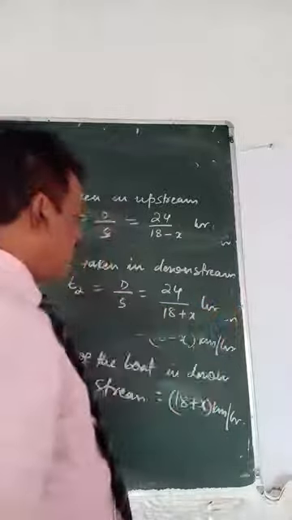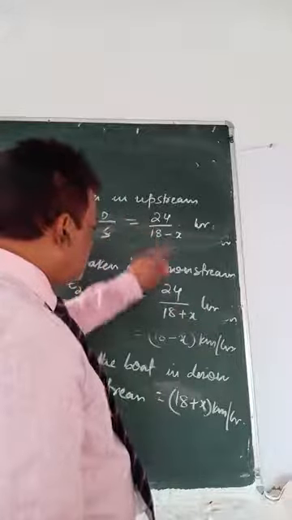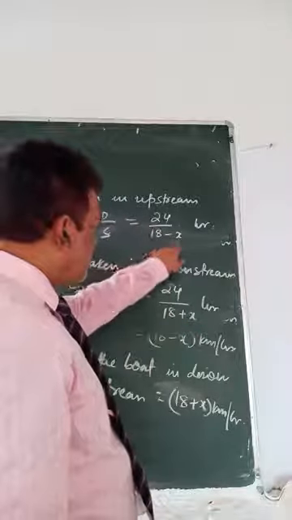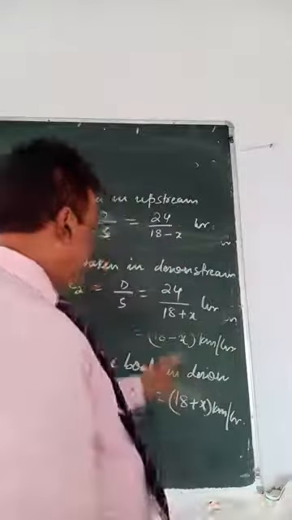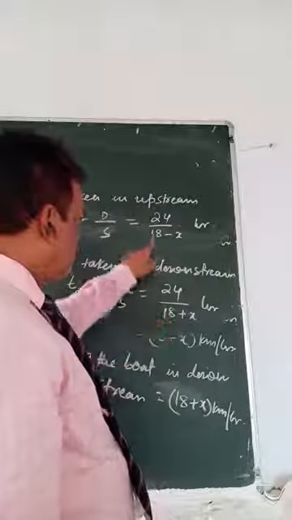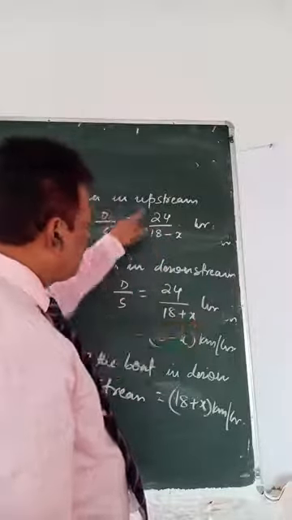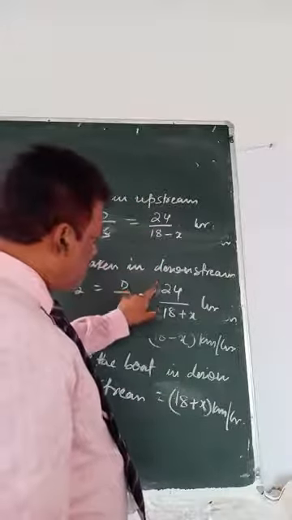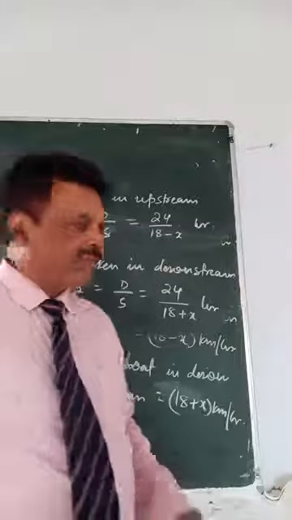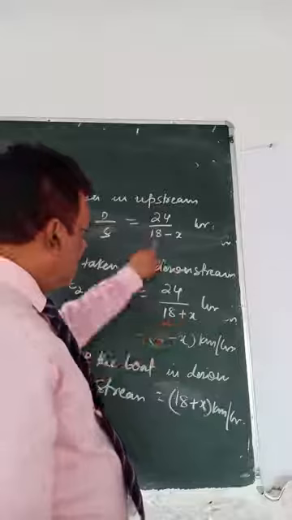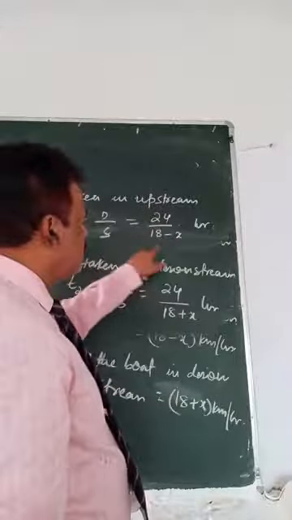Now the question is, which one is bigger, which one is smaller here? Look at which denominator is bigger, the number is smaller. So whose denominator is smaller, the value is bigger.